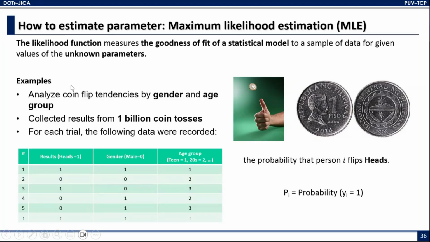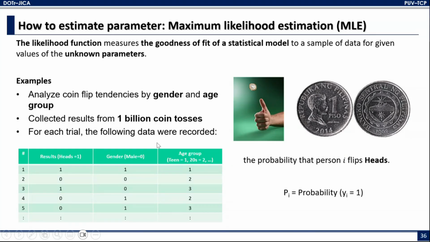There are some scientific hypotheses. Take the coin flip, meaning whether the coin will land heads up or not. And the probabilities might be changed by gender and age group.